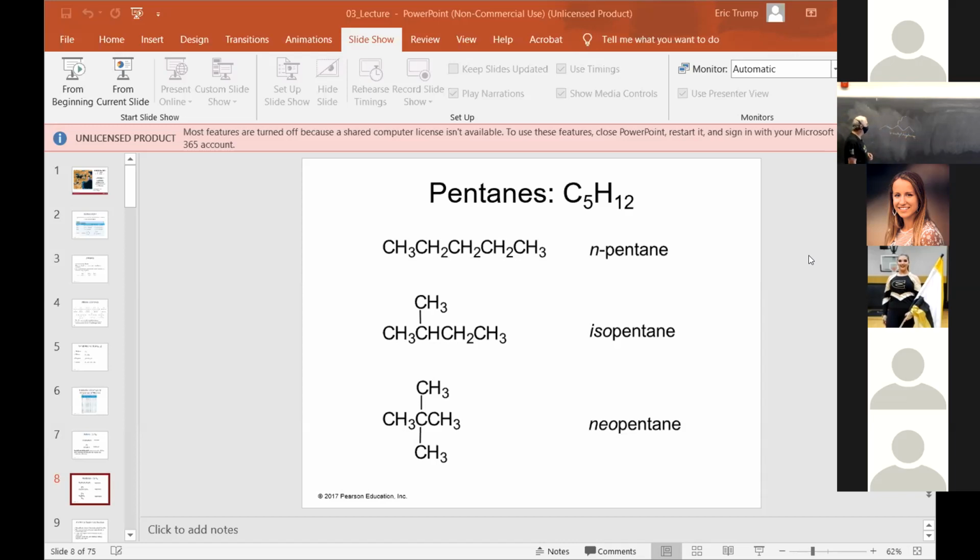But wouldn't you just number it the other way where it's octane? Oh, yeah, you're right. Let's make it nonane. Okay, that would be 5-butyl nonane.